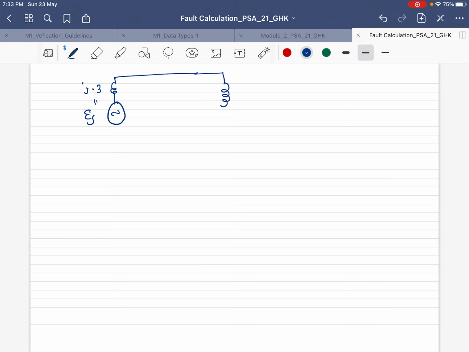Then there is a motor reactance, that is j0.2. Then you have EM double dash. Then a fault occurs here.